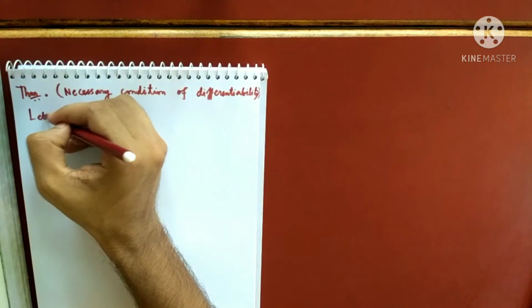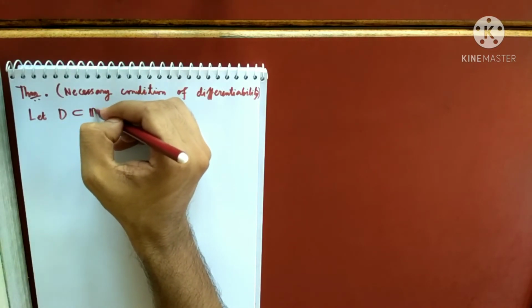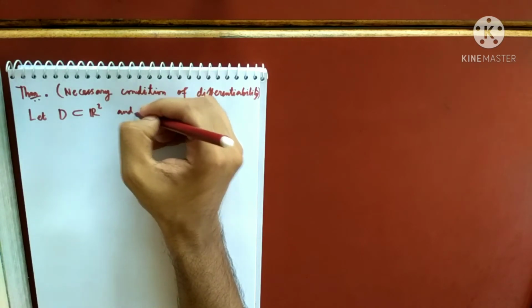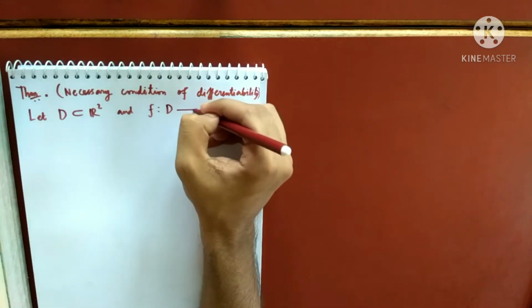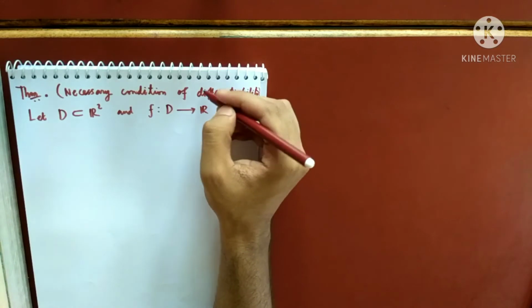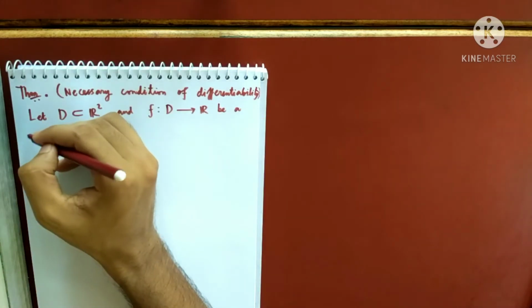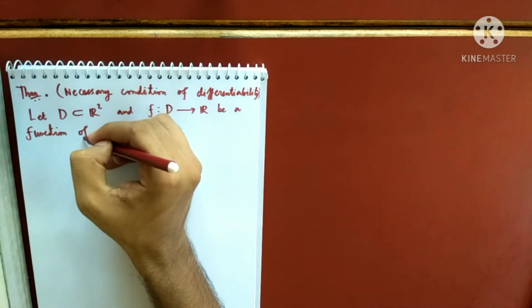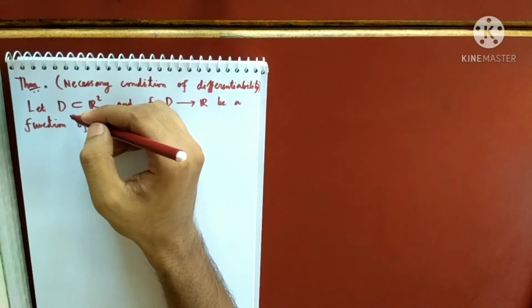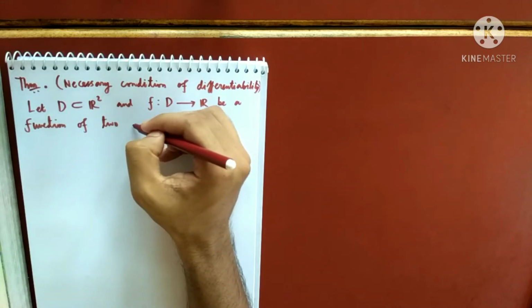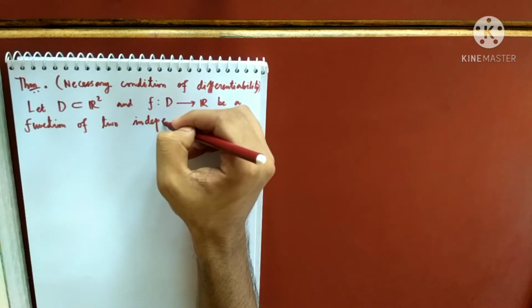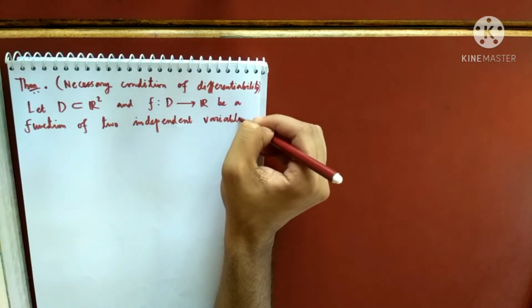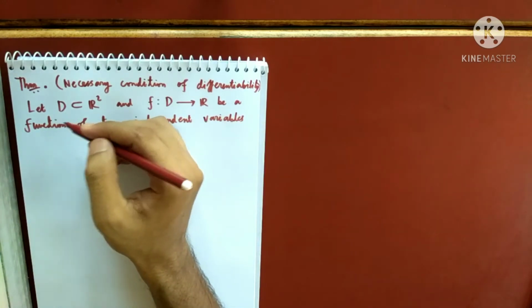Let D be a subset of R2, and f be a function from D to R, a function of two independent variables x and y.